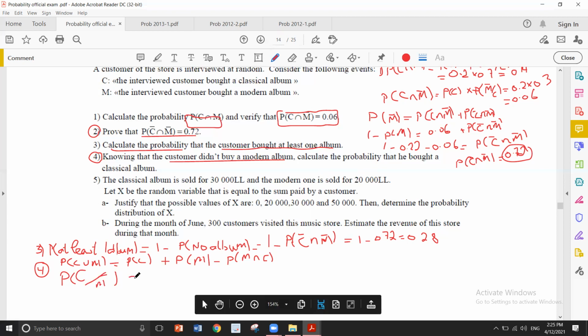What is the rule? C intersection M bar over M bar. How to calculate the probability of C intersection M bar?